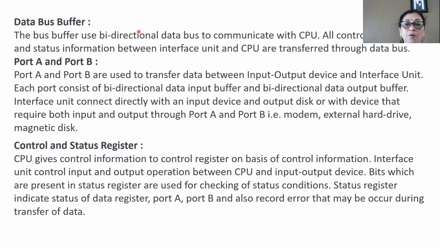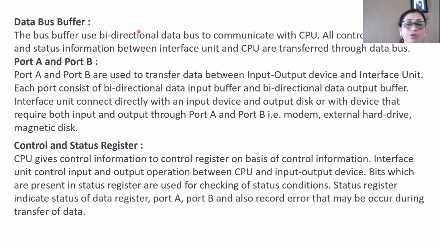The various kinds of operations carried out between the central processing unit and the input output device unit are carried out with the help of these commands, and these commands are written by the central processing unit to the control register.